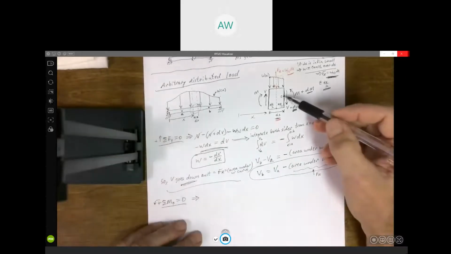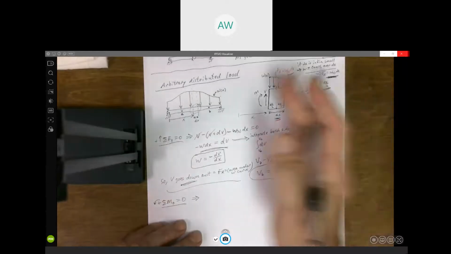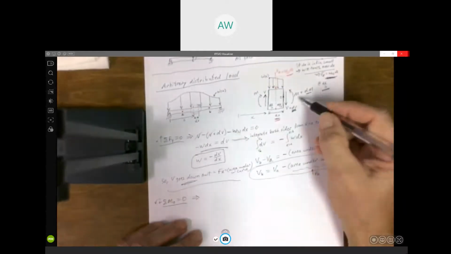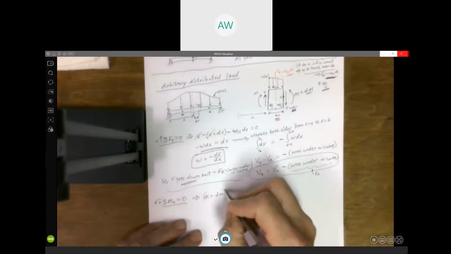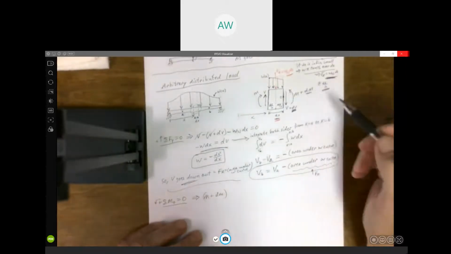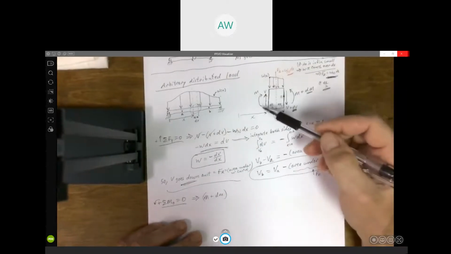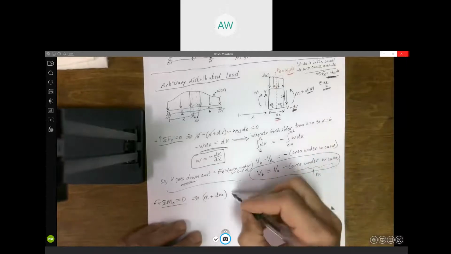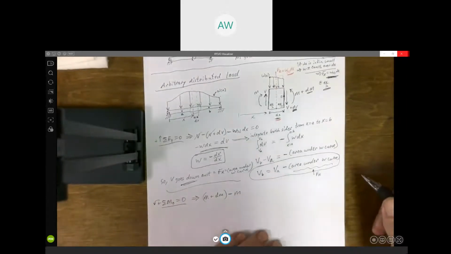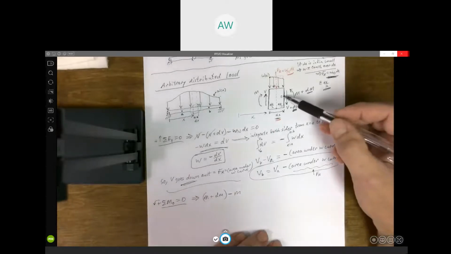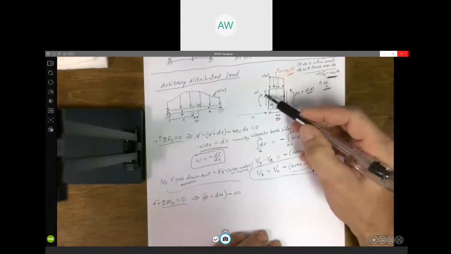So summing the moments about point O here. I'll go right to left here. We'll start with this one. We got M plus dM. That's that moment. Counterclockwise, we're going to have, well, let's go over here. We got this M going clockwise. And we're summing the moments about point O, so this force goes through point O, but this one does not.